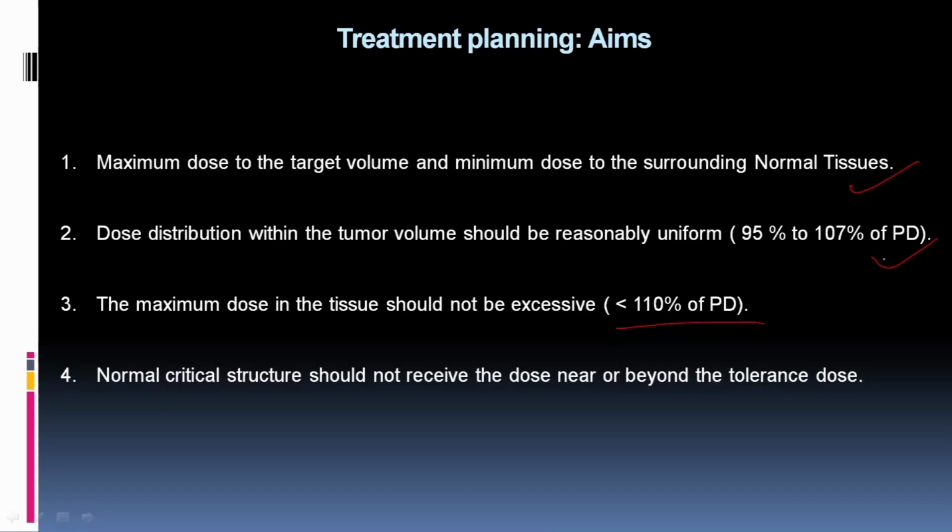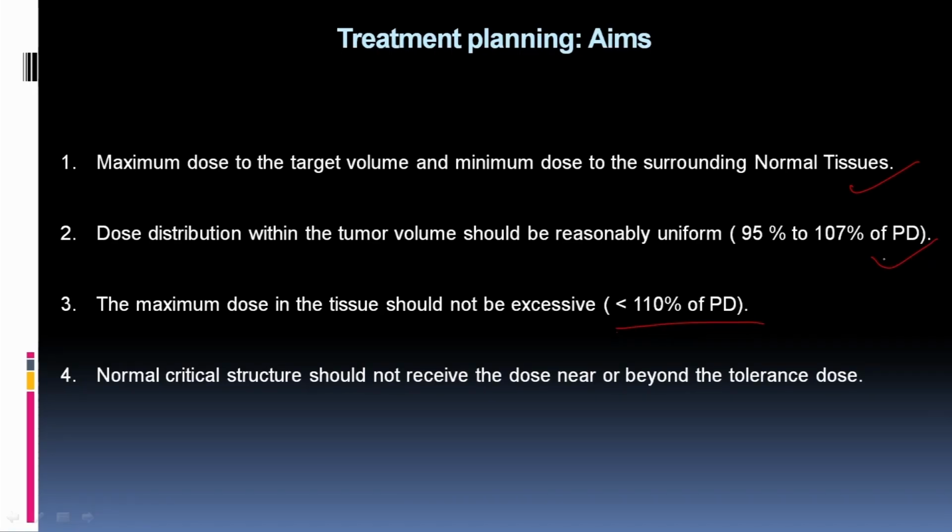And the fourth aim is the normal critical structures. We have multiple critical structures and they have the tolerance dose, and during radiation, if these critical structures receive a dose beyond the tolerance dose, then there will be complications, and these complications are very serious in the radiation treatment. So we should limit the dose of the normal critical structures, and they should not receive dose near or beyond the tolerance dose.